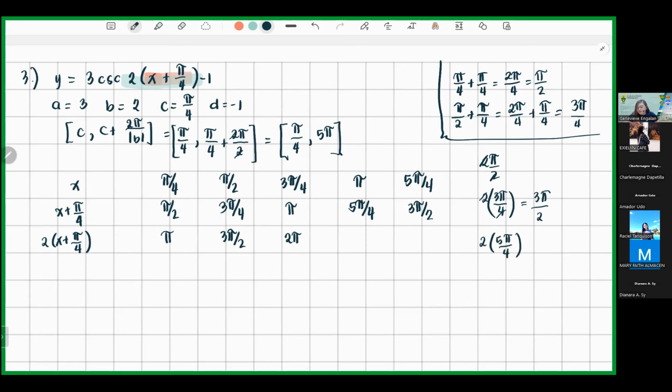The 4 and 2 cancel, and it becomes 5 pi over 2. Next, 3 pi over 2 times 2. The 2 cancels. That is 3 pi.